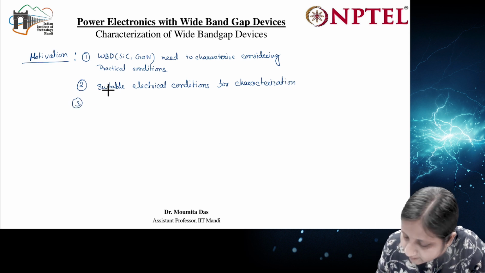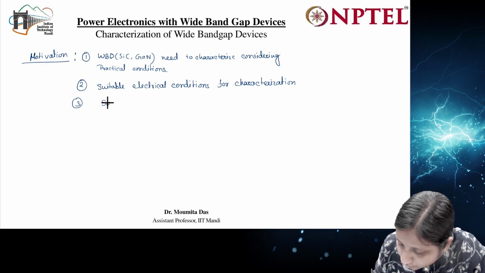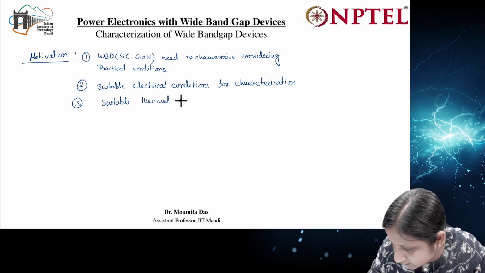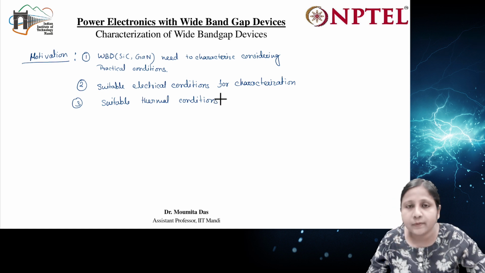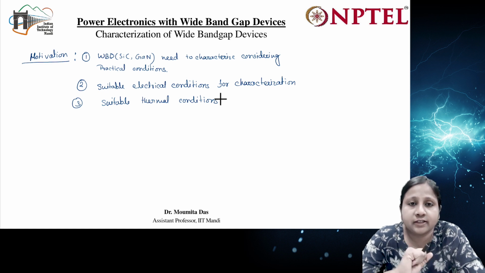Similarly, we need to consider suitable thermal conditions as well. It may happen that the converter we need to design will be used for an operation where the temperature varies over a range of, let's say, 25 to 50 degrees Celsius.